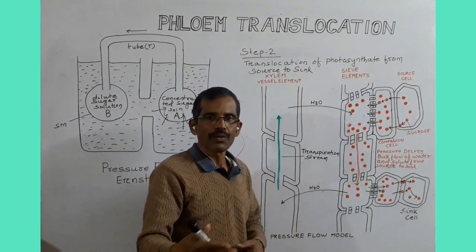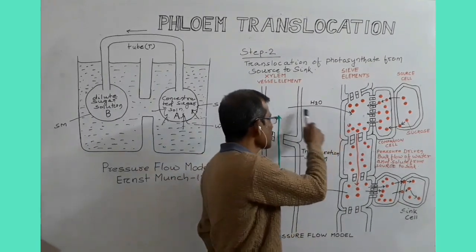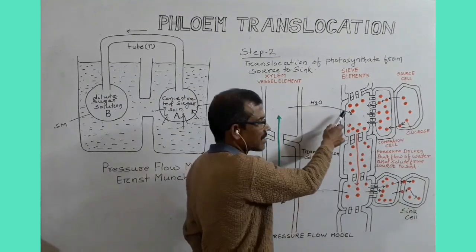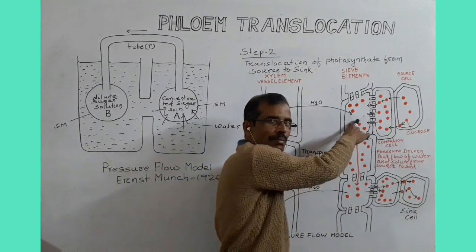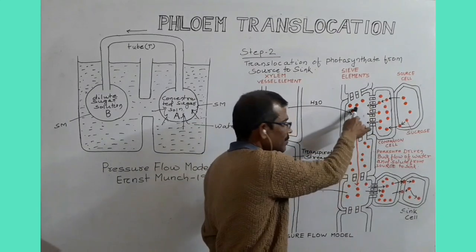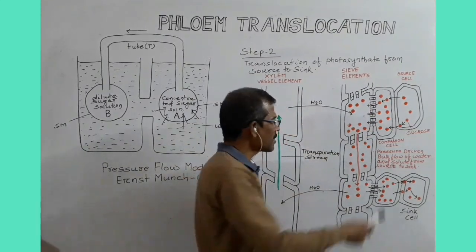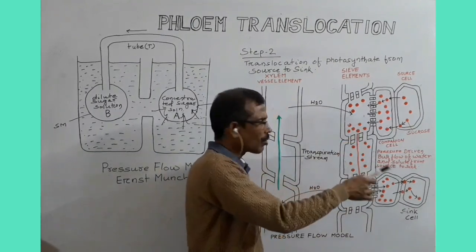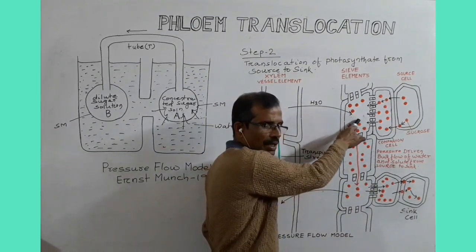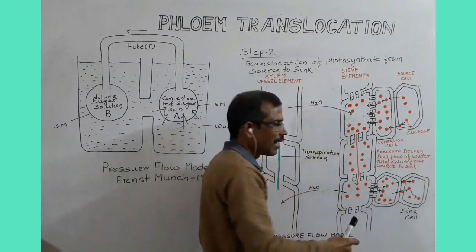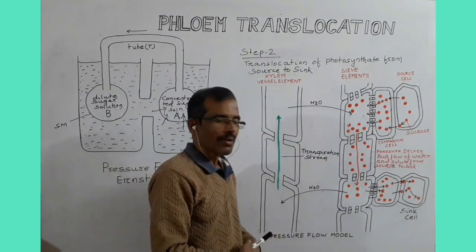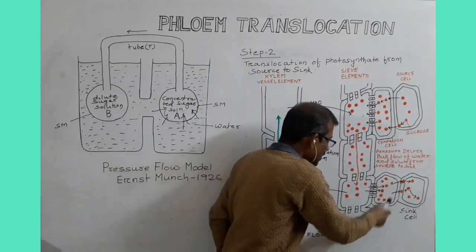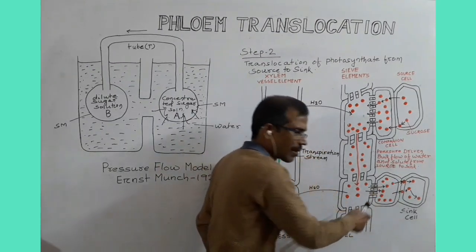In response to that, water molecules from the surrounding vessels and other apoplasts move into the sieve tube element at the source end. As a result of this diffusion of water molecules, a hydrostatic pressure develops, whereas at the sink, phloem unloading occurs.